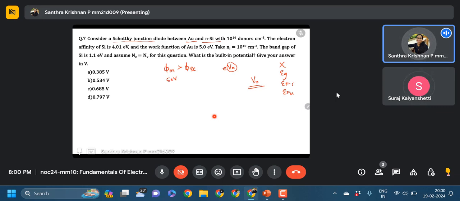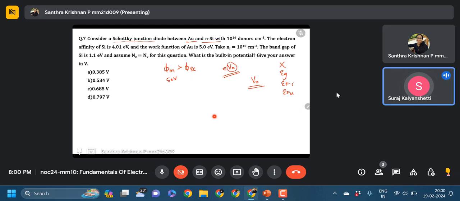So now you can try drawing how the final junction would be. But they're asking us to calculate the built-in potential. We don't have a direct equation for that.